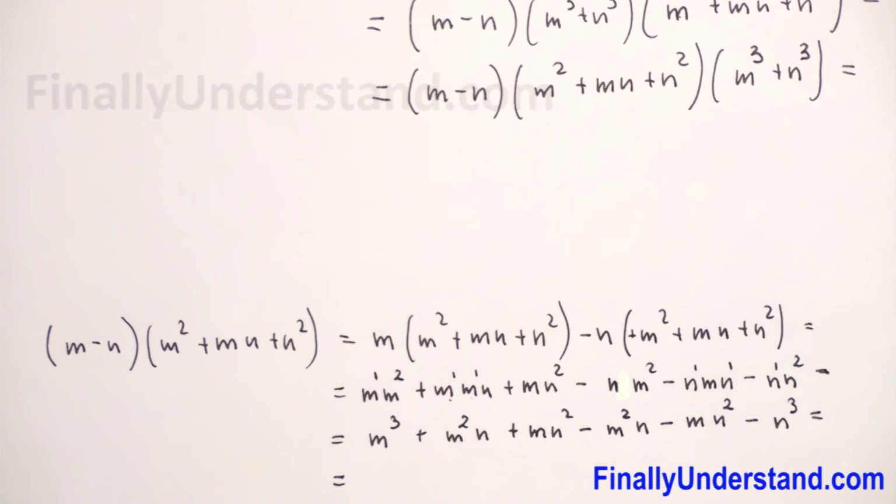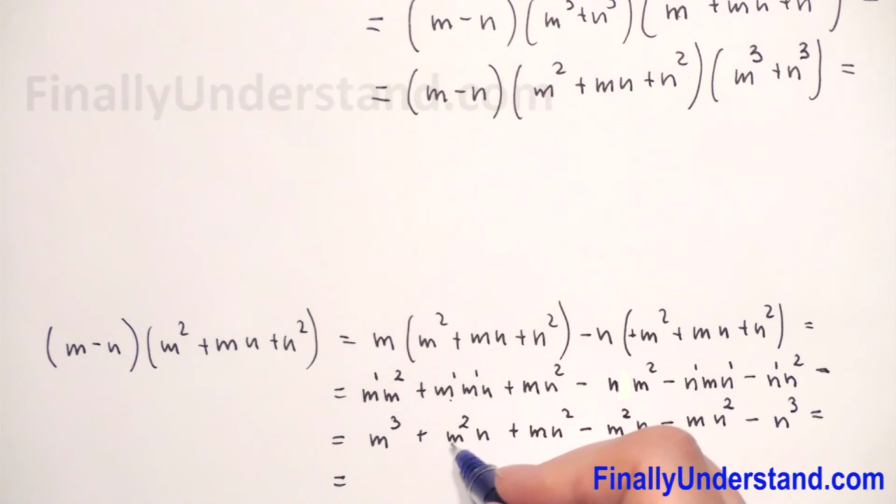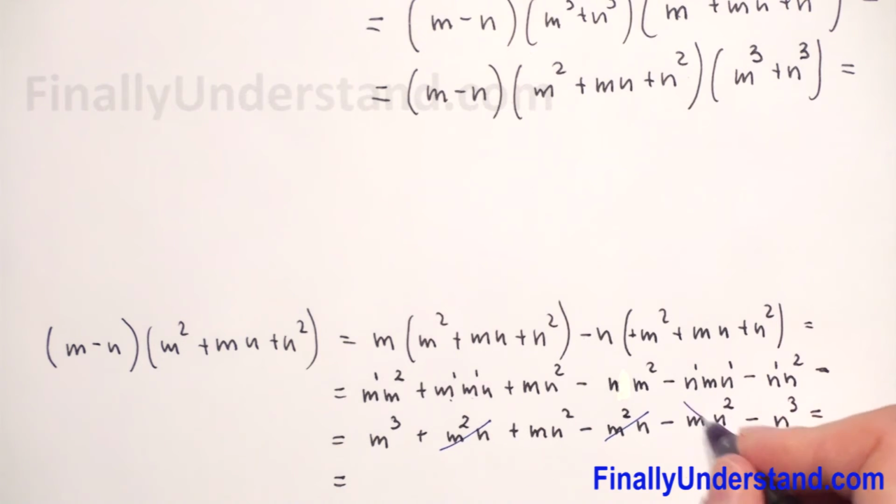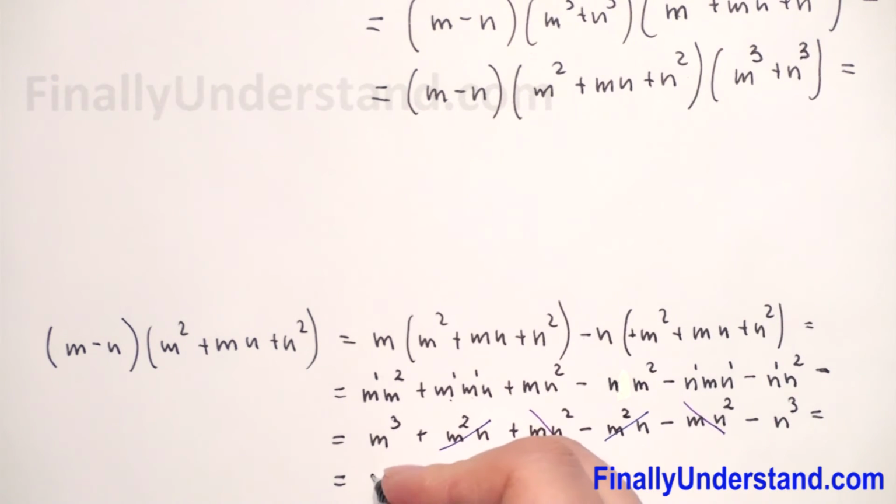Now we can combine the like terms. We have m square n and negative m square n, so we can cancel out. This is 0. And we have n m square and negative m n square, so this we can cancel out. This is 0. So we have only m cube minus n cube.